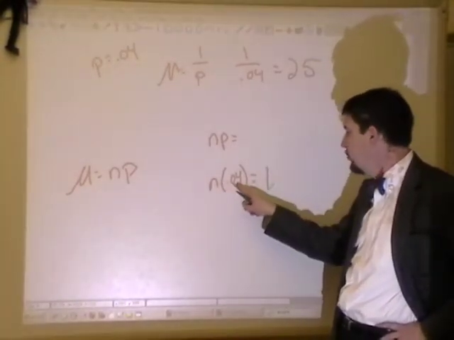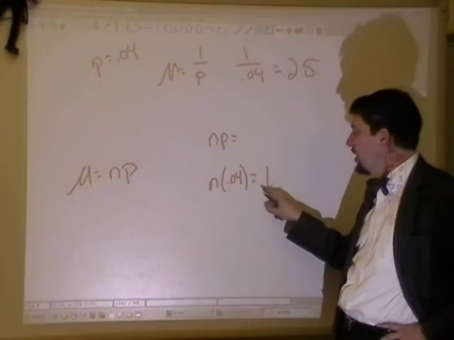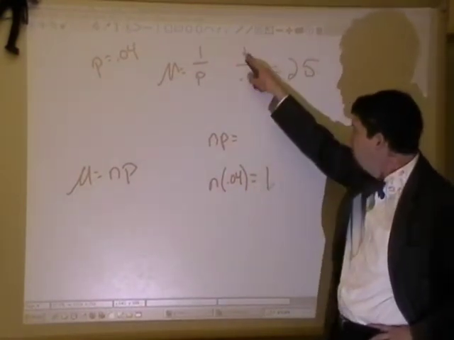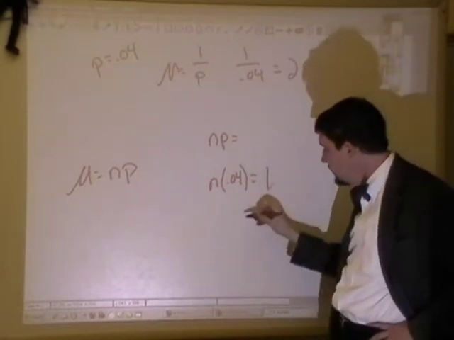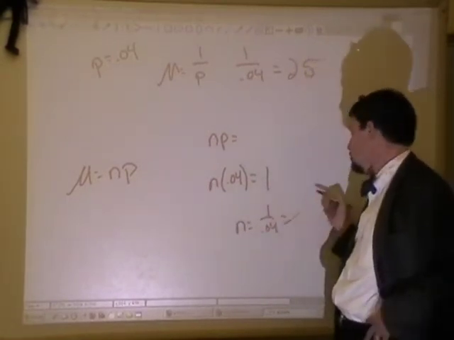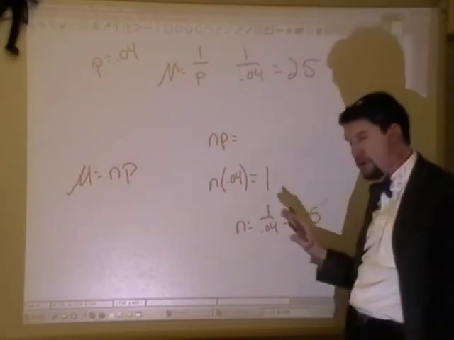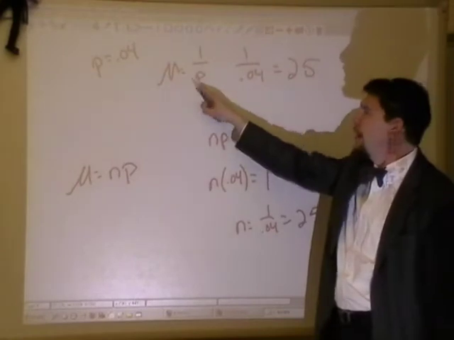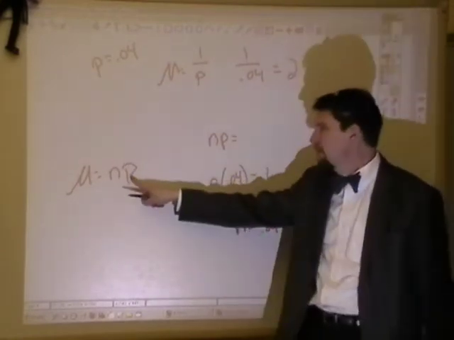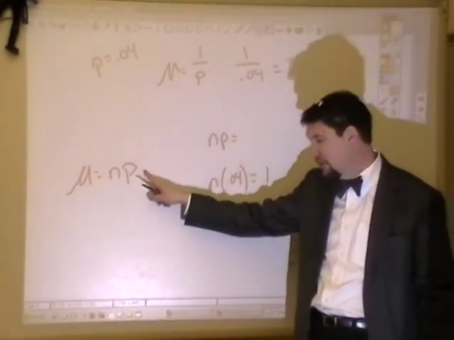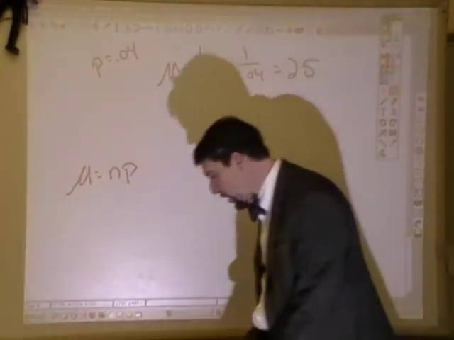So I've got n times 0.04 is equal to 1. How do I find n? I divide both sides by 0.04, so n is equal to 1 divided by 0.04, which is 25. That's how this comes about. But I don't need to memorize that formula. I can just think about it as the mean or expected value, where my expected value is going to be 1.